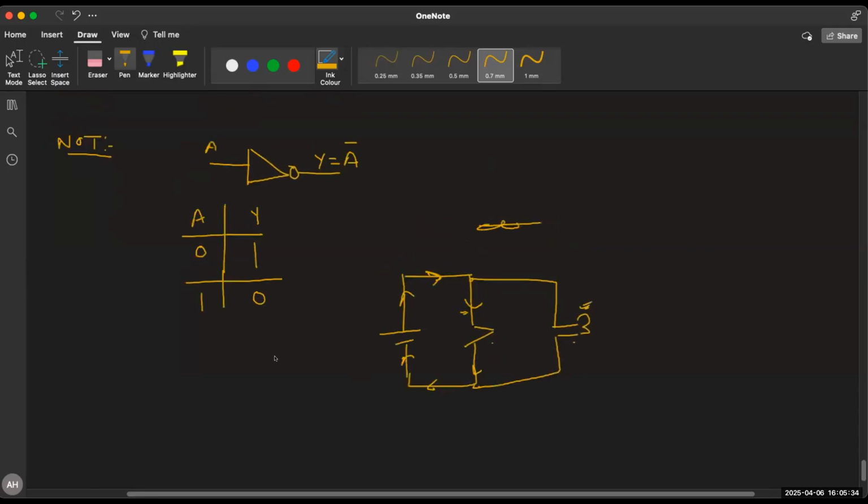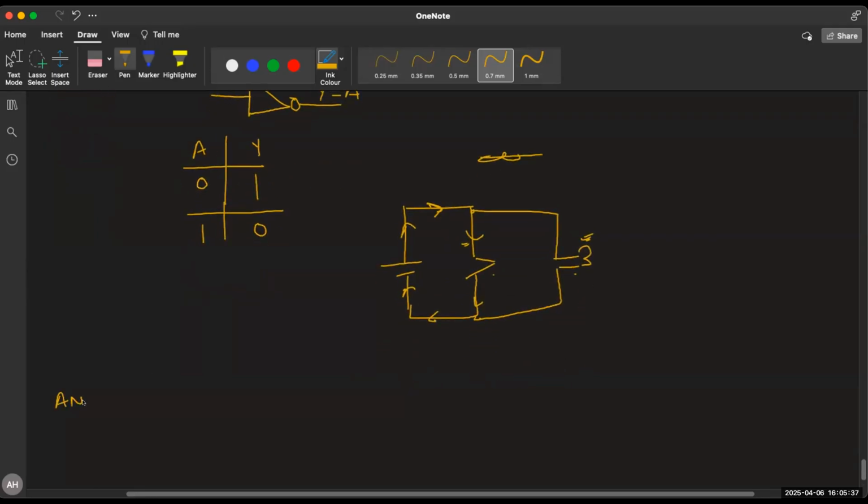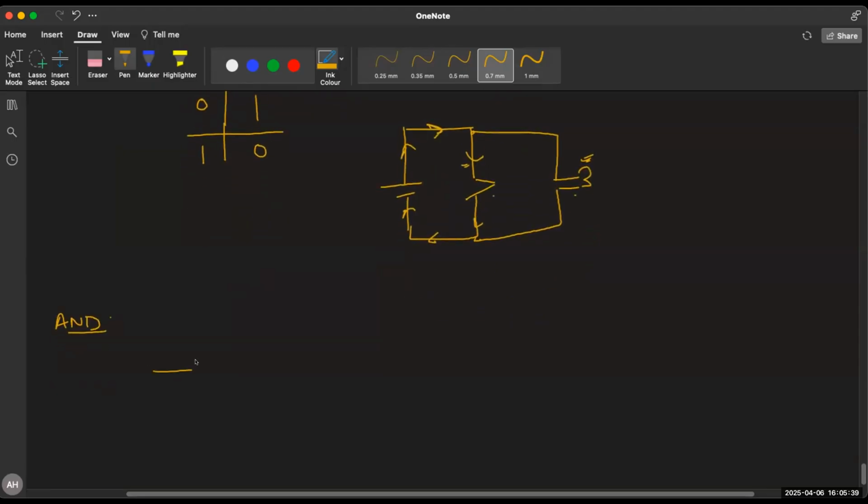So that's NOT gate. After NOT gate, the third type of gate is AND gate. AND gate is like intersection. Again, it has two inputs and one output.